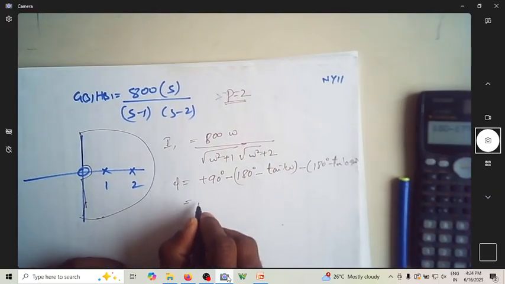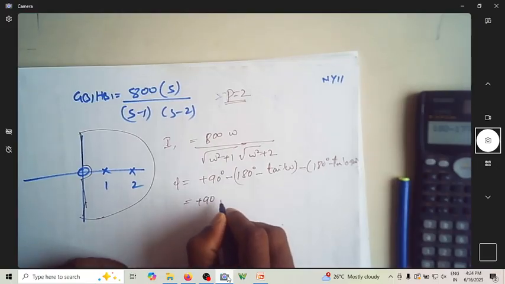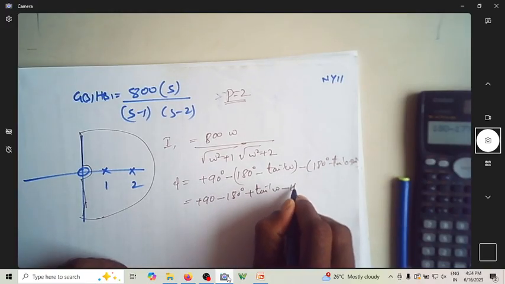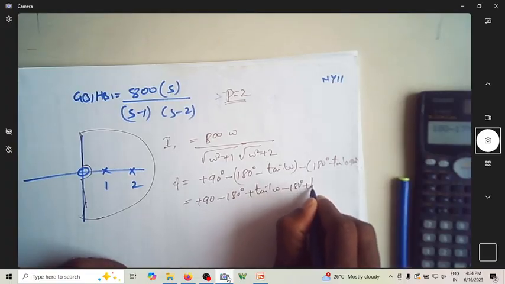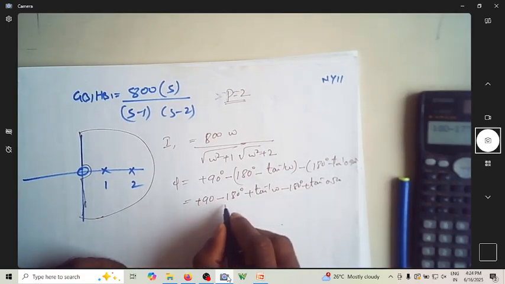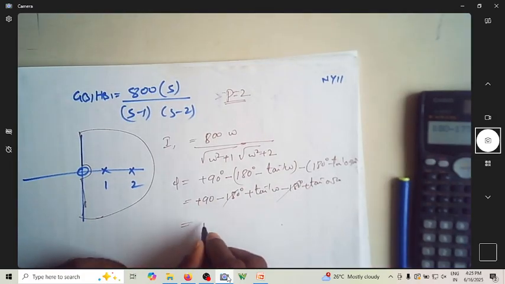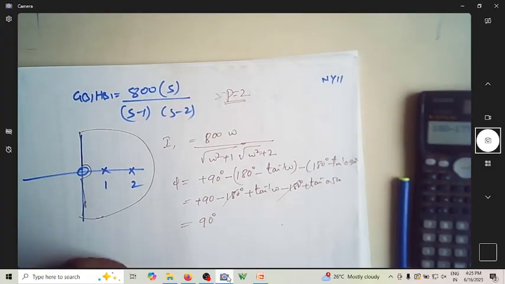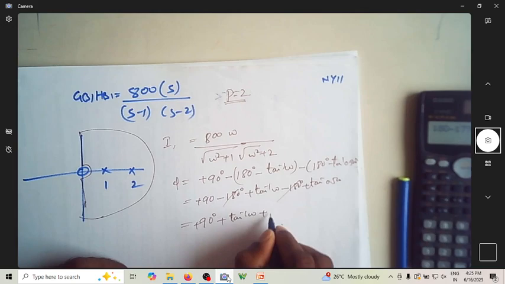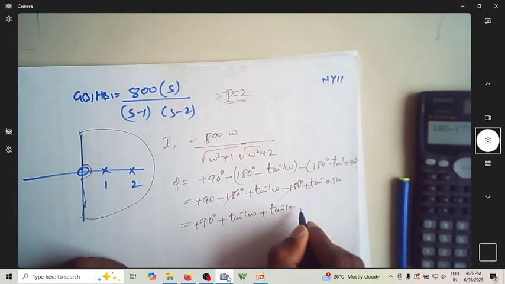This will become plus 90 minus 180 degrees plus tan inverse of omega minus 180 degrees plus tan inverse of 0.5 omega. So this you can anyhow cancel out. This will become 90 degrees plus tan inverse of omega plus tan inverse of 0.5 omega. Correct.